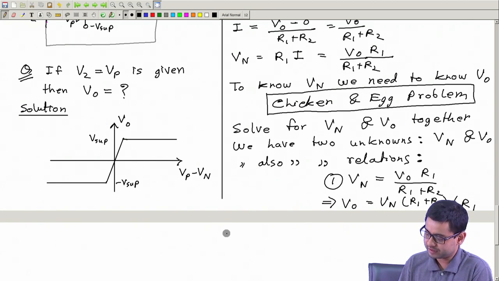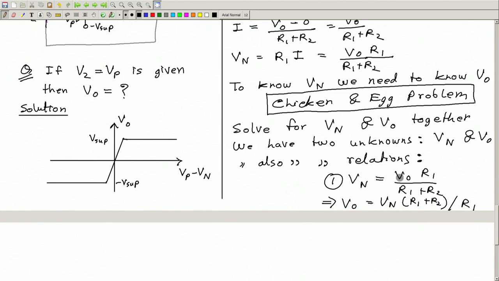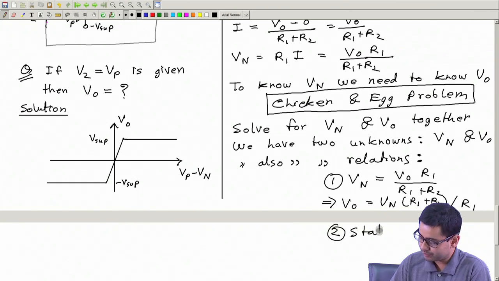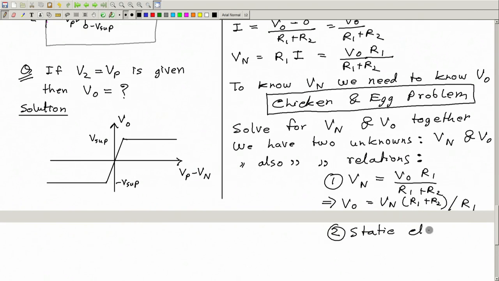So this is one relationship between Vn and Vo, and the second relationship is what is given by the static characteristic. So there is a relationship between Vn and Vo. So I write it. So this comes from the static characteristic.